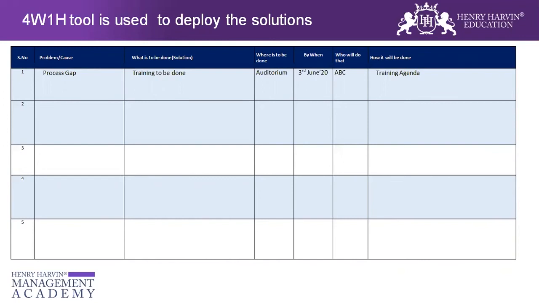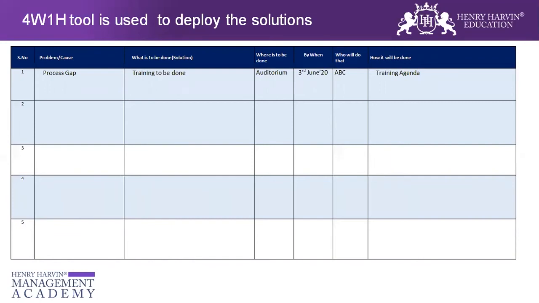And how it will be done, you should mention a detailed plan. For example, if there is a transformation which is supposed to happen for integrating 5 or 6 applications which were earlier not integrated, they were standalone applications. People have to work on all the applications to process, and they have to enter the details again and again.